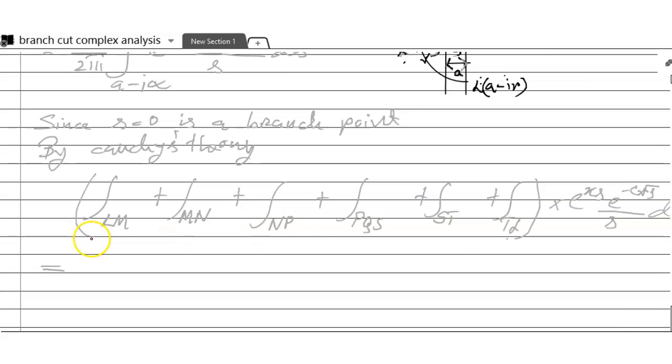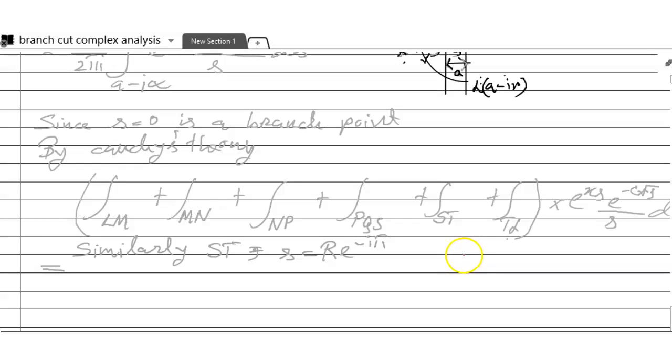Along PQS, s is equal to, now similarly ST, s equals r into e to the power minus i pi, and ON is equal to rho, and OP is equal to epsilon.